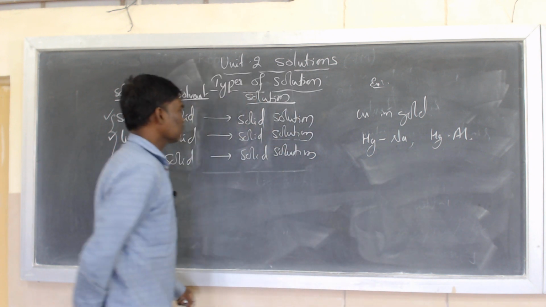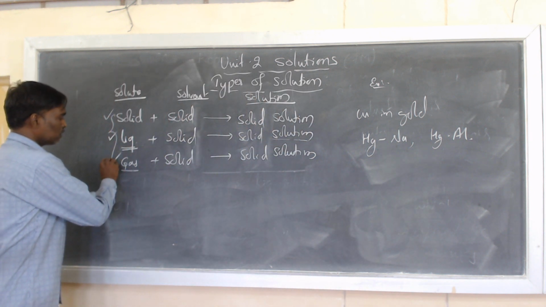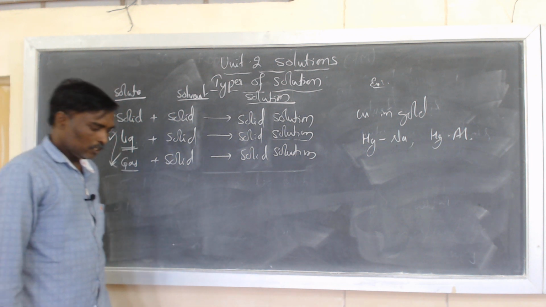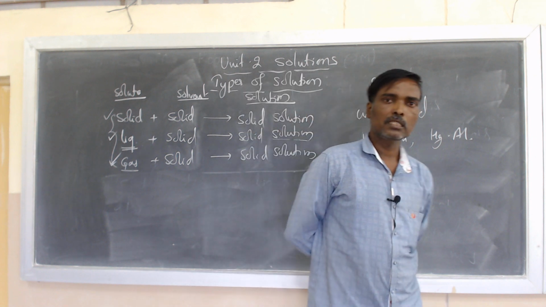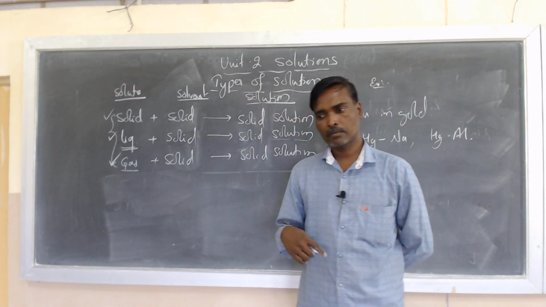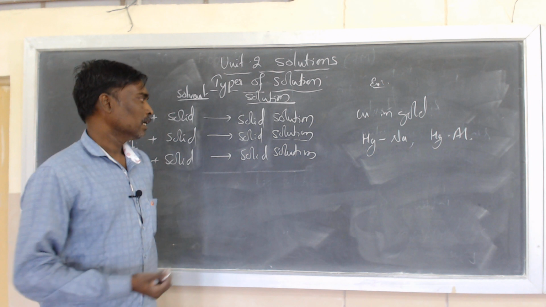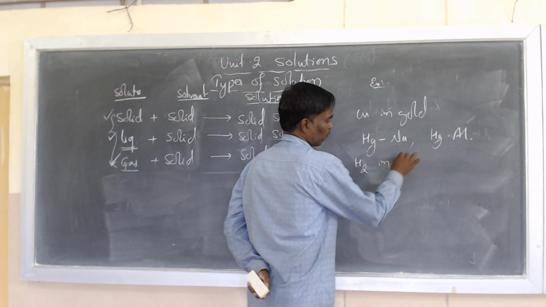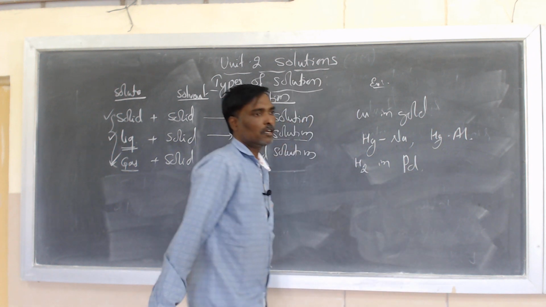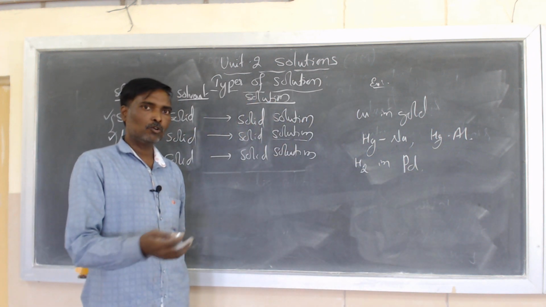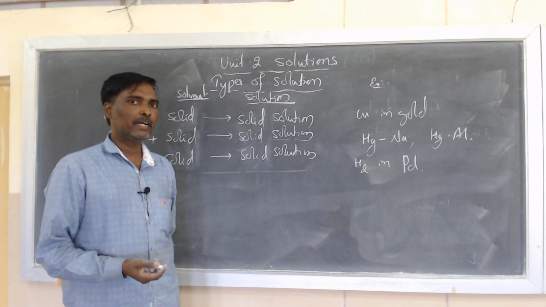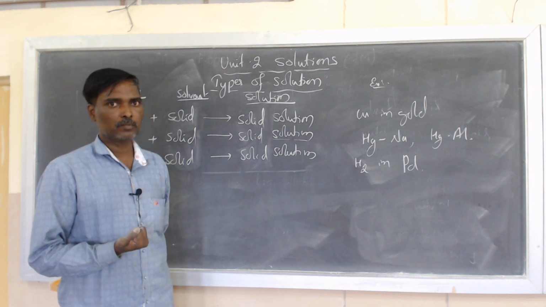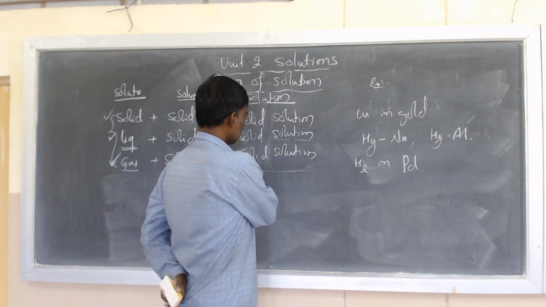And the next one is gas in solid, where the solute is a gas and the solvent is a solid. An example is hydrogen gas in palladium or platinum. When hydrogen gas is passed over palladium or platinum, it absorbs the hydrogen gas, which forms a solid solution.